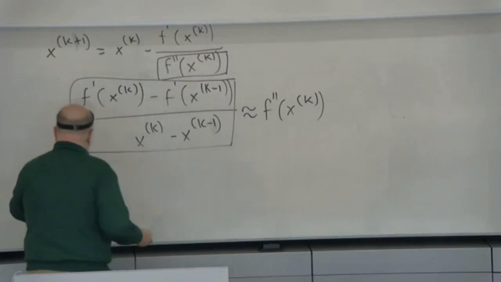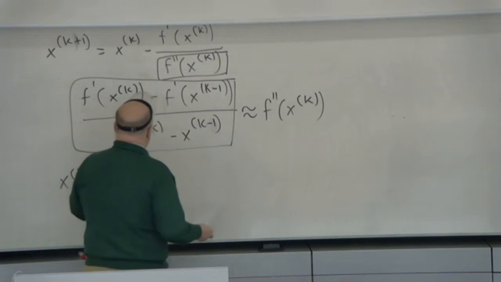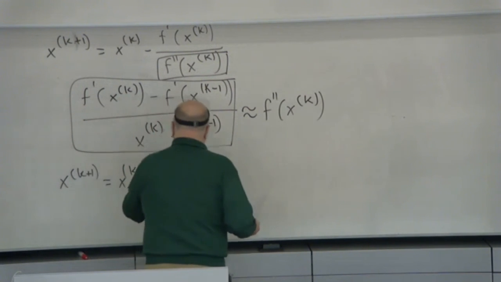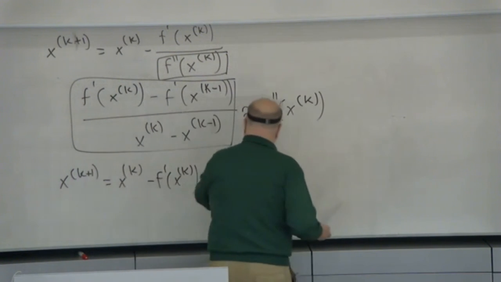And so the formula becomes x_{k+1} equals x_k minus f prime at x_k times this monster.